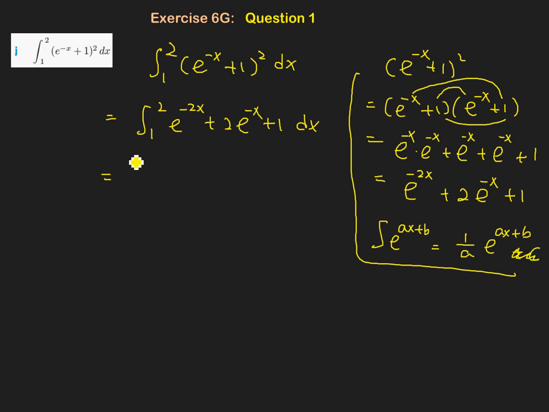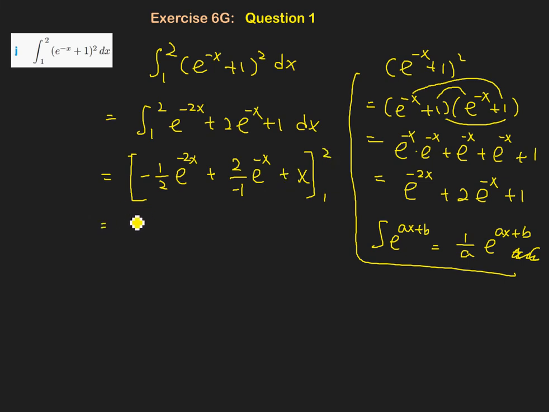So integrating e to the power of negative 2x, that will be negative 1 over 2, because in our case a is actually negative 2, e to the power of negative 2x. This is plus 2, but this is going to be negative 1 because the coefficient of negative x is negative 1. E to the power of negative x plus x, and put within square brackets 1 and 2.